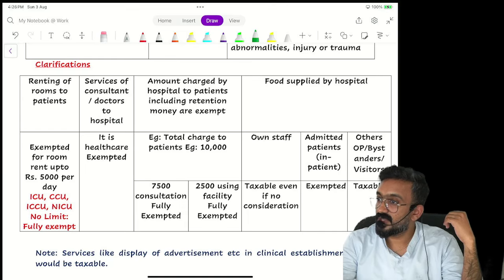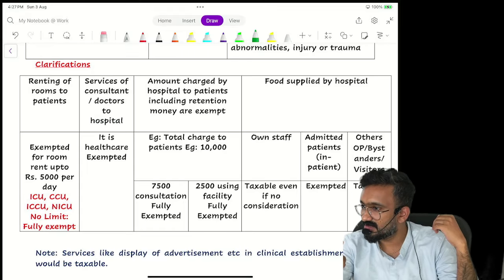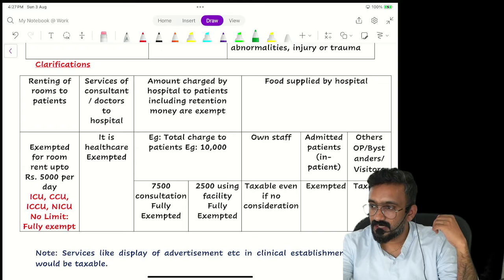Next question. Are there any rooms which will be exempted irrespective of the limit, even beyond 5,000? Yes, four types of rooms. Operation theatre will be exempted. Then ICU, intensive care unit, and critical care unit, CCU.